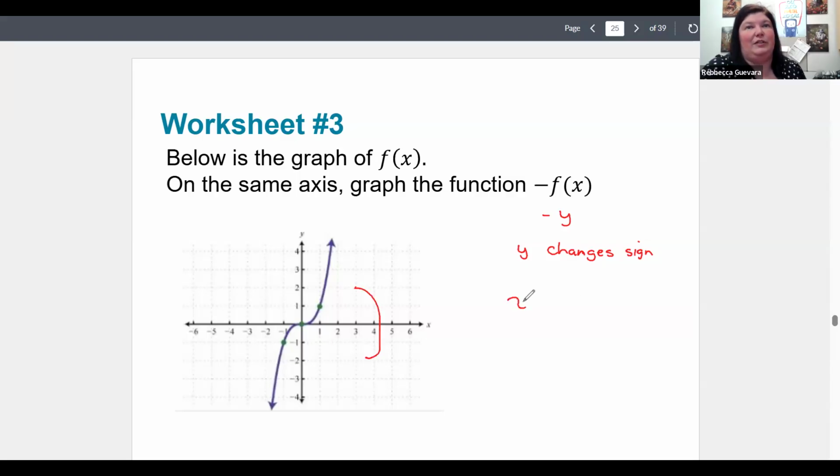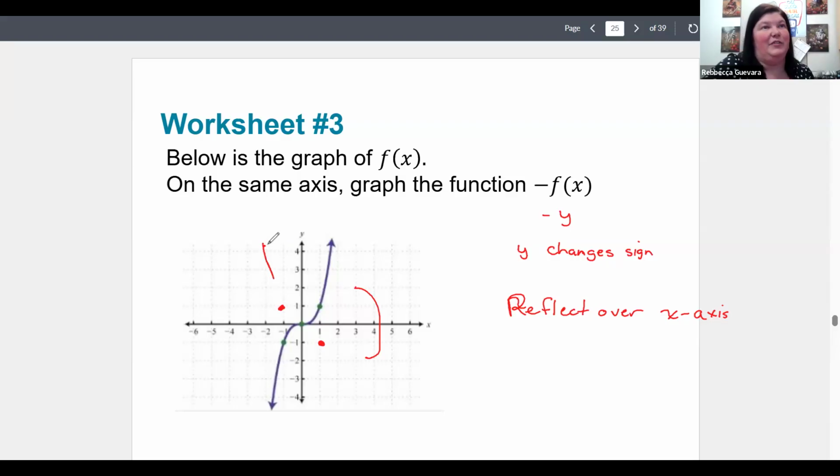This means I'm going to reflect over x. So this point here at 1, 1 will reflect down here and become 1, negative 1. This point here at 0, 0 is 0, 0. And this point here at negative 1, negative 1 reflects up here to a point where now it's at negative 1, 1.